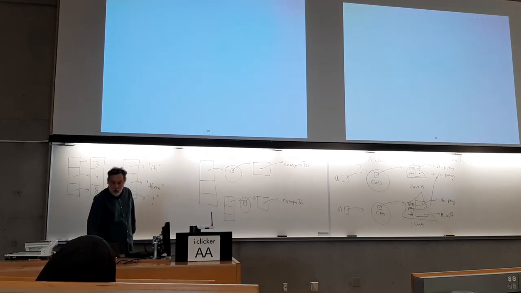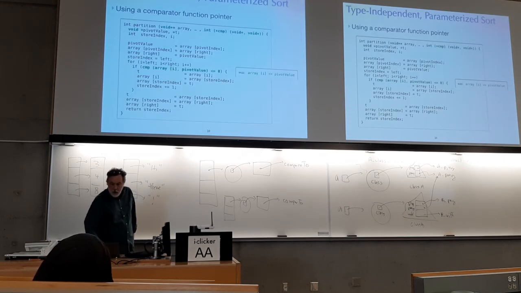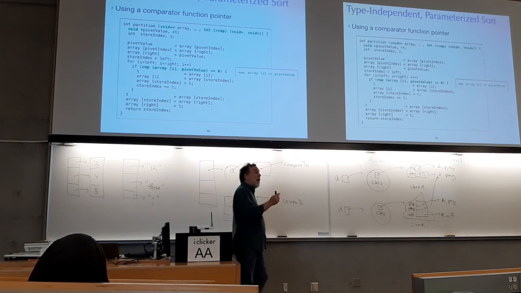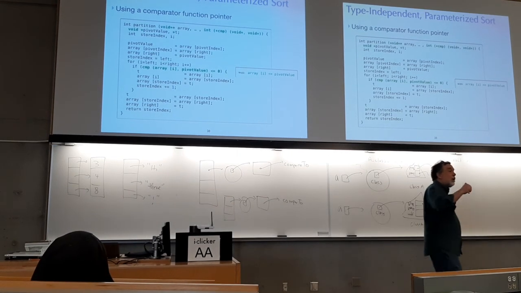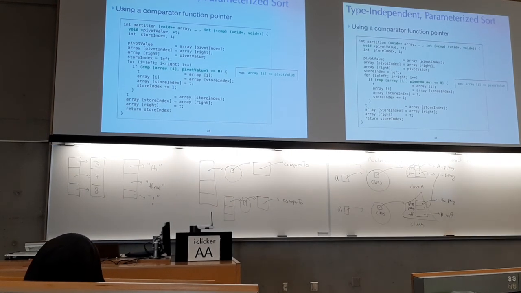The point is that we're going to do this in C by passing in the function directly as a function pointer. Because the void star doesn't carry with it the implementation of the function comparison. So essentially all I'm going to do is pass that function as an extra parameter.